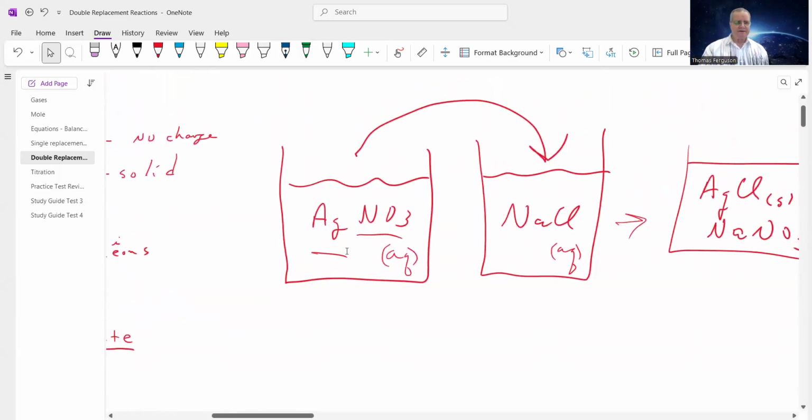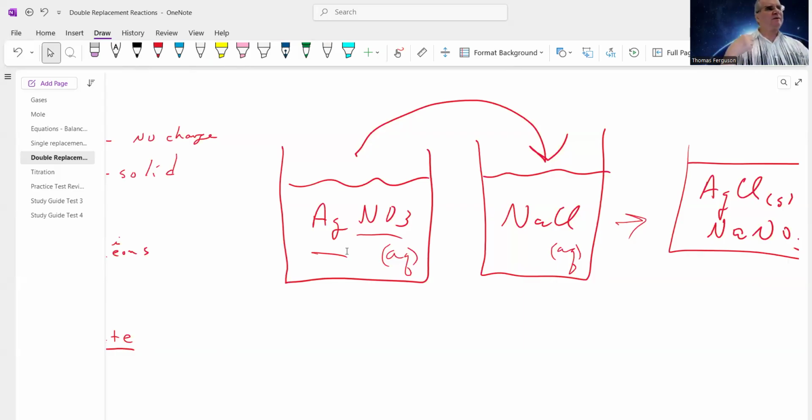Okay, so silver nitrate, AgNO3, sodium chloride, both those are salts. Now, when you say salt in chemistry, we're not talking about common table salt. We're talking about a much, much, much broader class of chemicals where we have an anion and a cation, a positive and a negative ion. That's a salt.